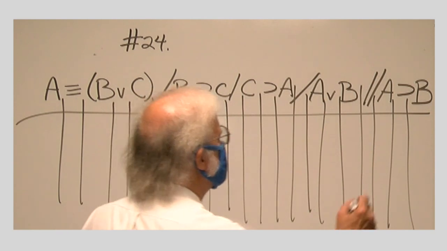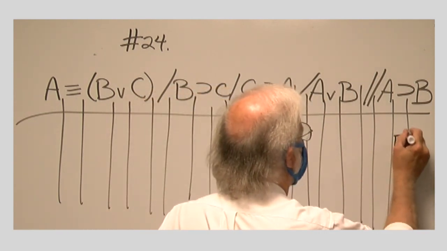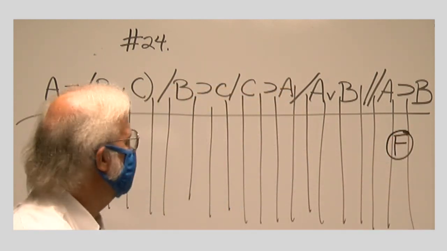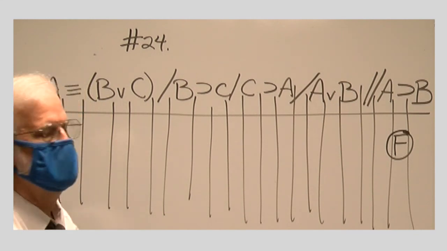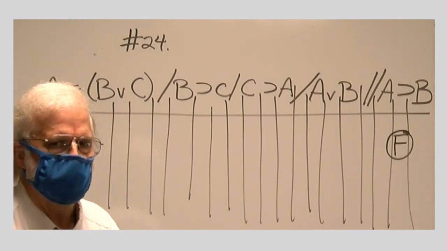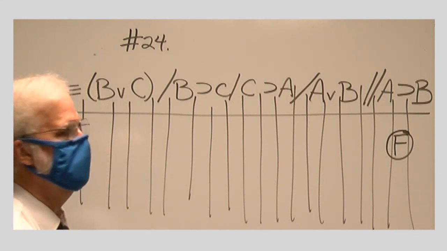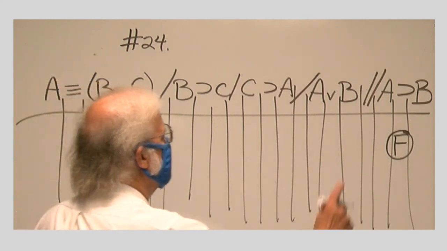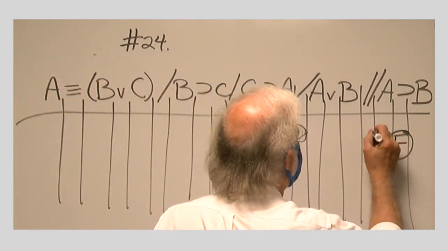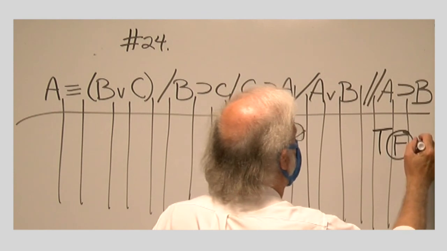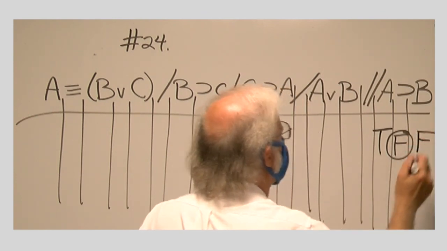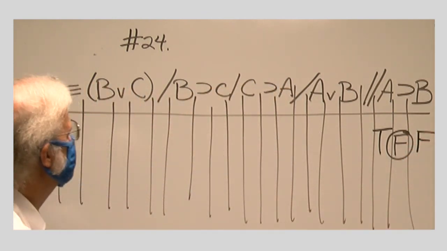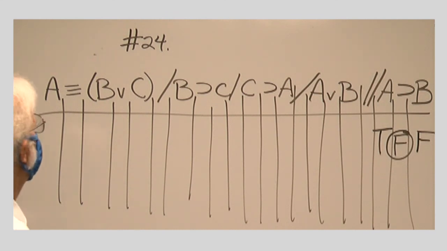We want that horseshoe to be false. How many different ways can a horseshoe be false? Just one. So we're going to have just one row. For the horseshoe to be false, we need the A to be true and the B to be false. That gives us a great deal.